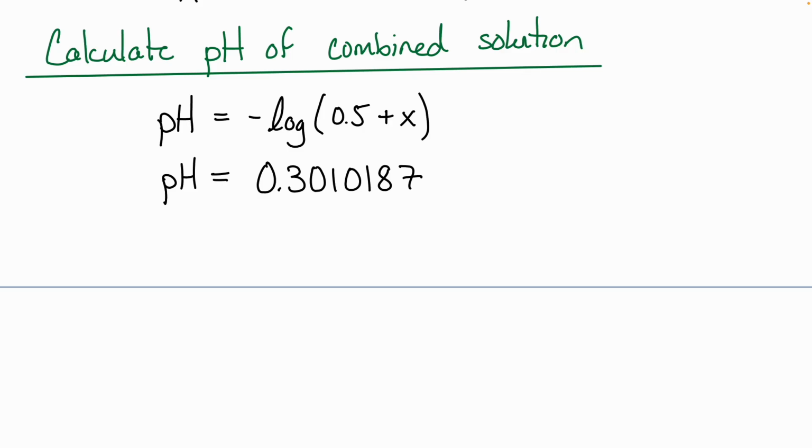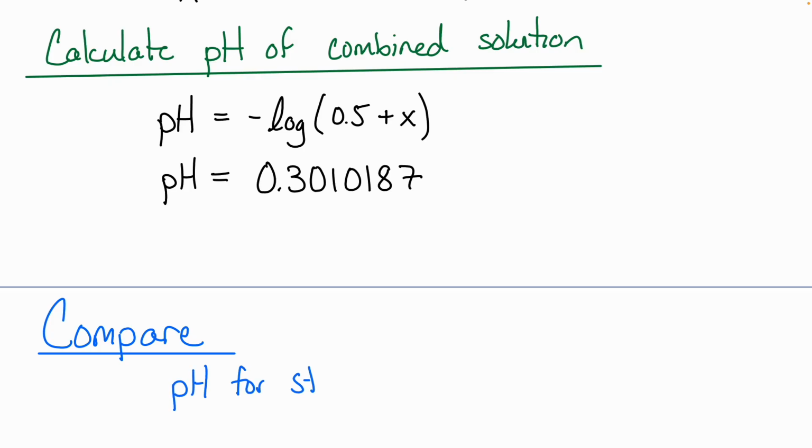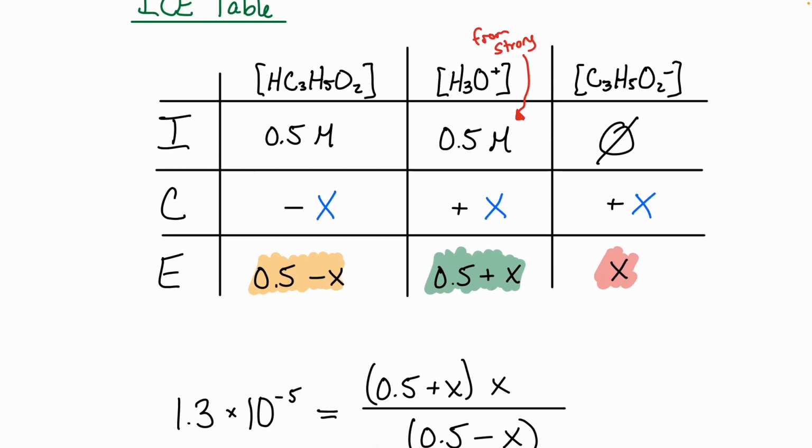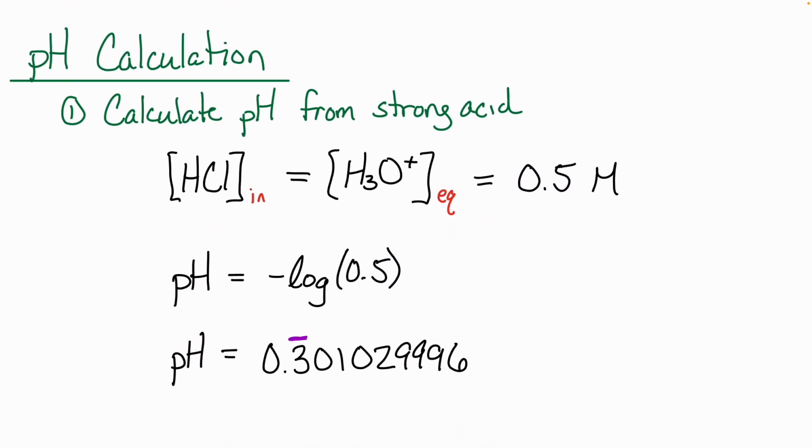All right, so let's compare our two values that we got here. We're going to compare, this is the pH for the strong acid alone. That's what we did first when we calculated that pH. All right, we got this 0.3010299 business.